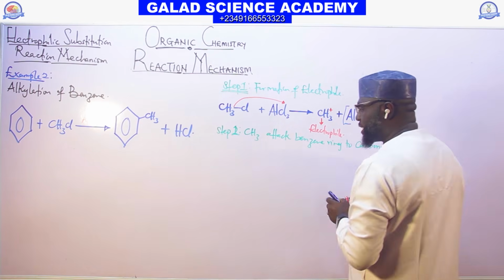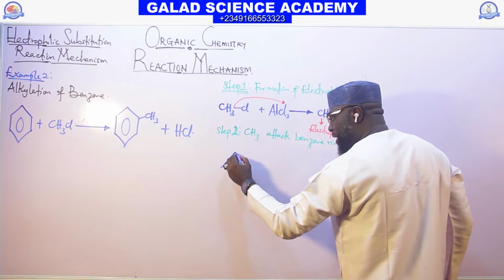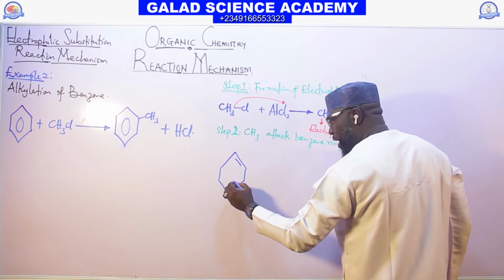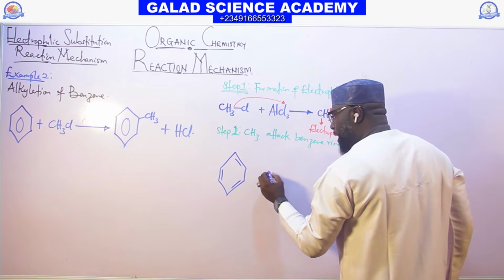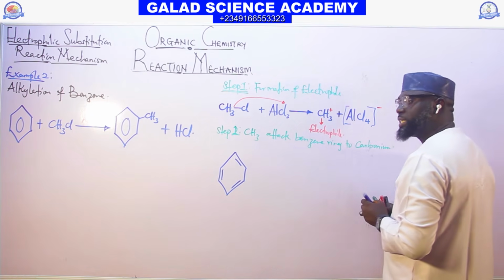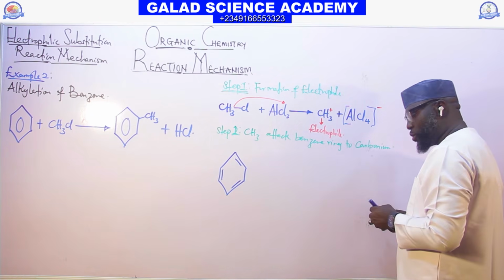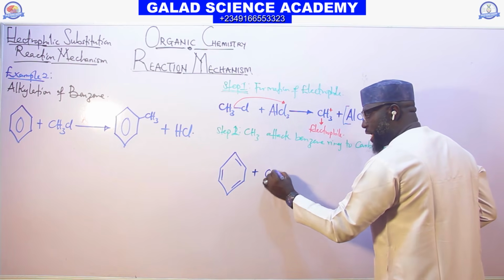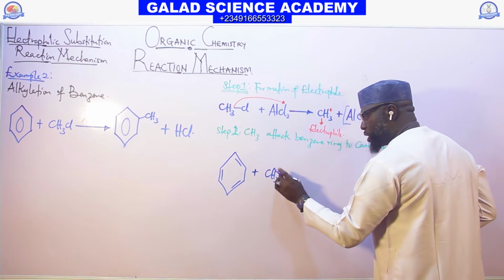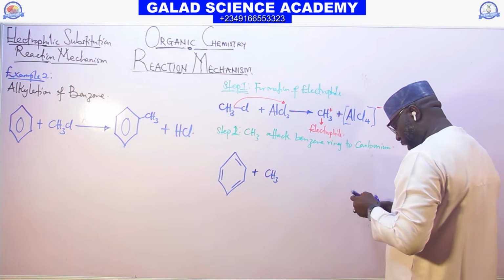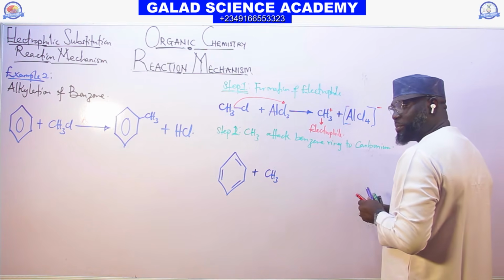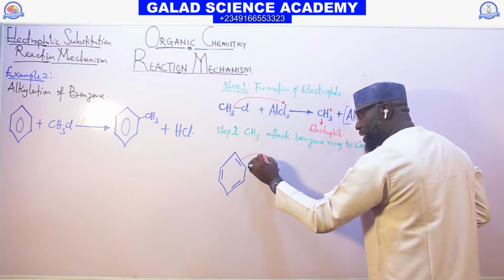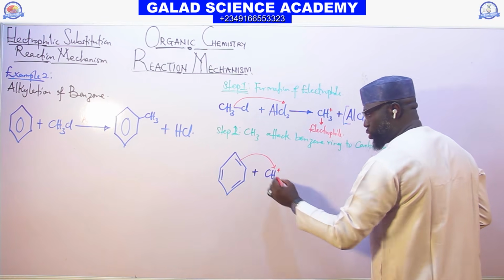So let us look at it now. This is the benzene ring that we have here. The CH3 is the electrophile, and it attacks the benzene ring by attracting the pi electrons.